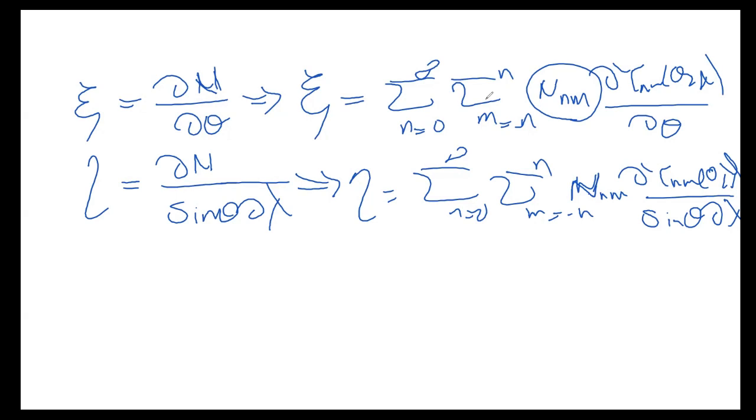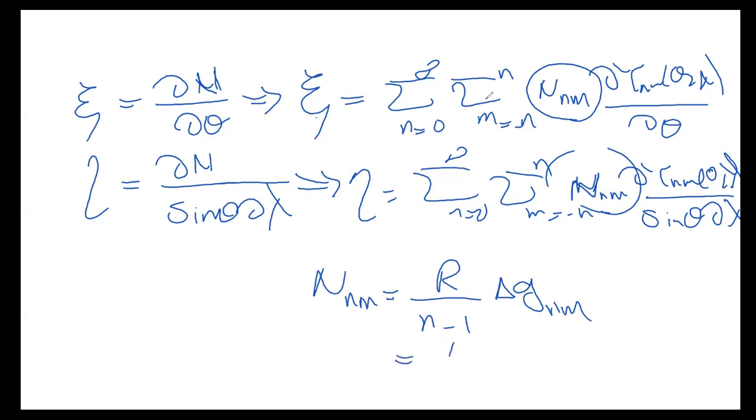That's the whole issue. If you want to derive a similar equation for xi and eta in terms of the gravity disturbance and gravity anomaly, simply you can replace N_nm by, for example, an expression we already know: R over n minus 1 times delta g_nm, or R over n plus 1 times the gravity disturbance.